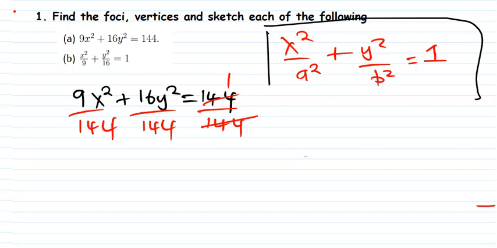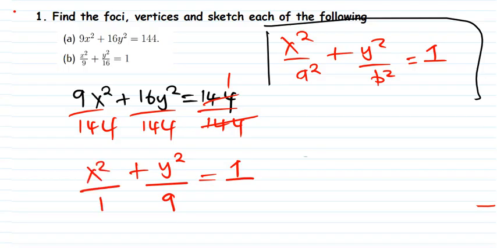Now 144 divided by 16 is 9, so we have y squared over 9 plus, and 144 divided by 9 gives you 16, so x squared over 16, equal to 1.